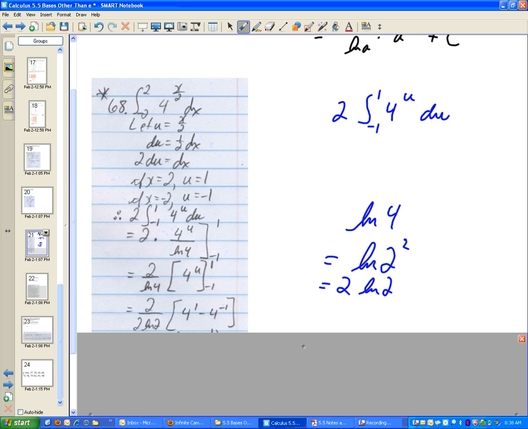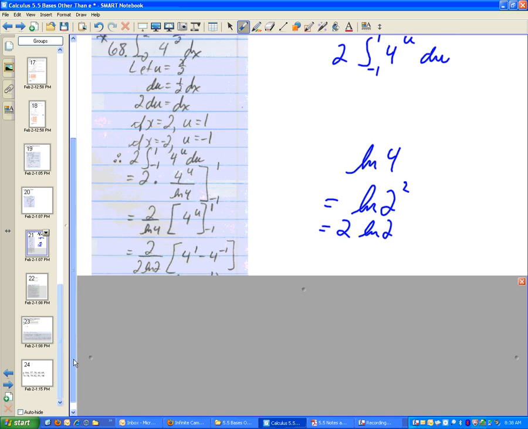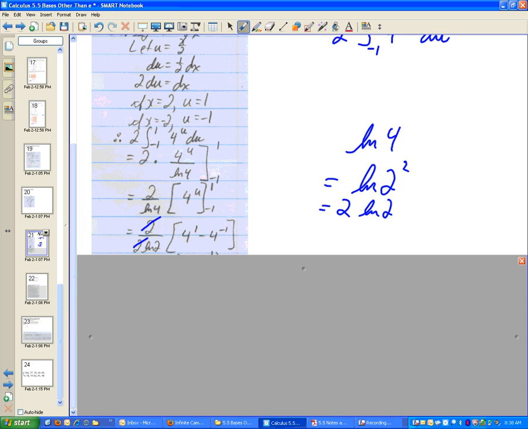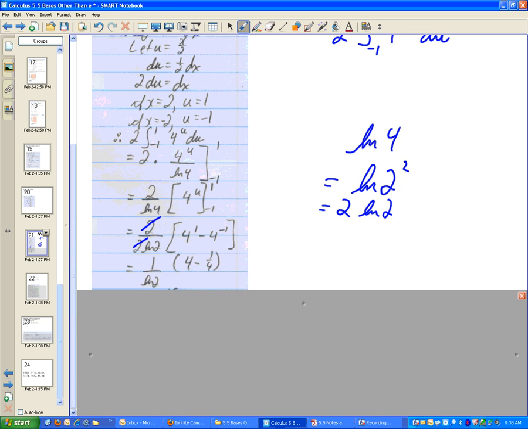So then we'll get 4 to the 1 minus 4 to the negative 1 inside our brackets. Those 2's divide out, so we get 1 over the natural log of 2 times 4 minus 1/4.